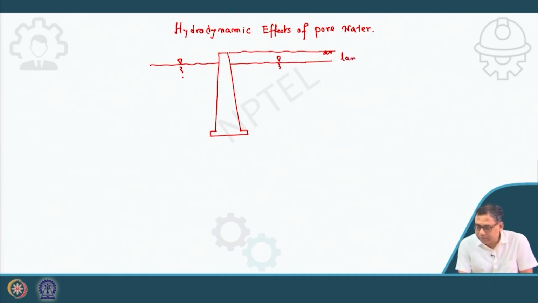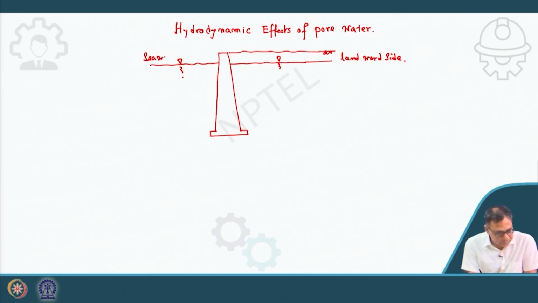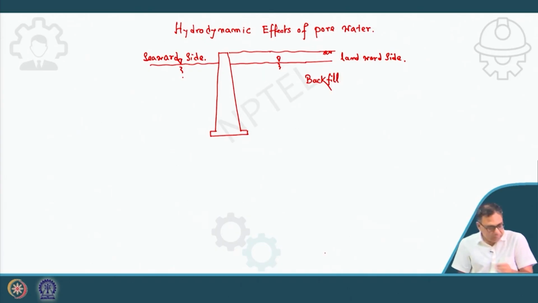So, this is my backfill. Both sides have the same height of water, say. That height of the water is small h, and the height of the retaining wall, say, H.